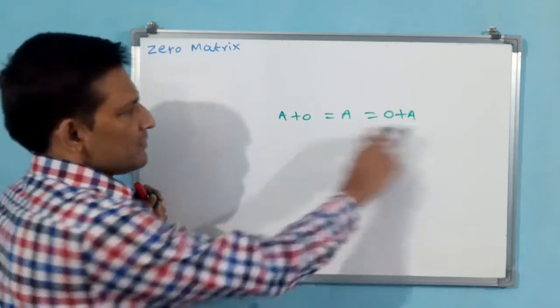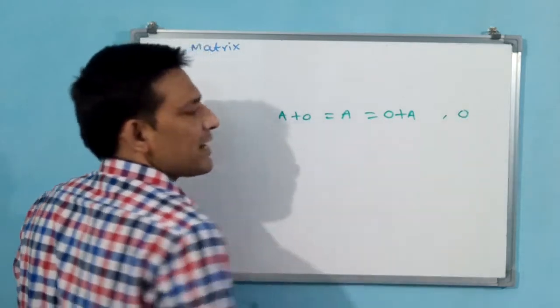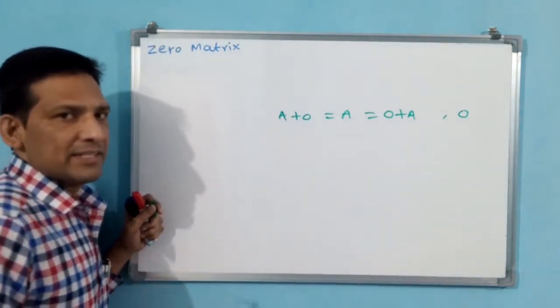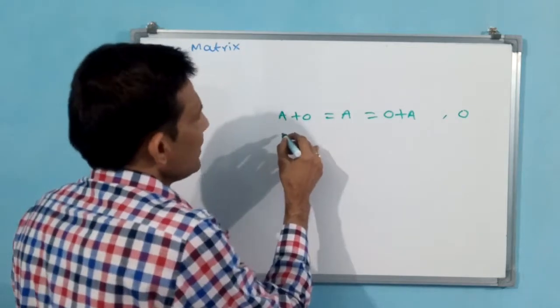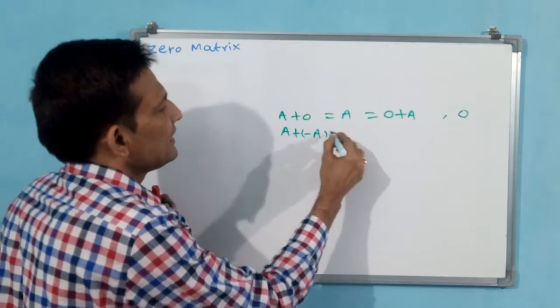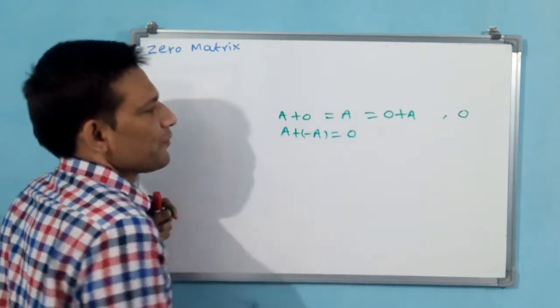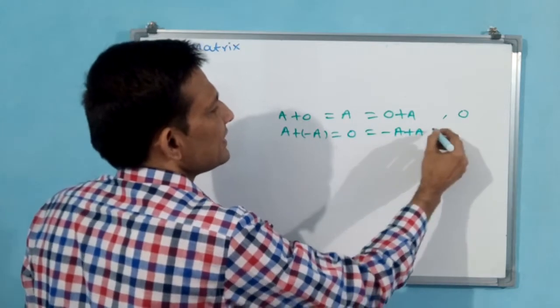Okay. This is an identity. Here what we say, 0 is the additive identity. Okay, the zero matrix, this zero matrix is the additive identity. Okay. Now additive inverse, how we have seen? Additive inverse: A plus minus A is equal to 0, or else minus A plus A is equal to 0.